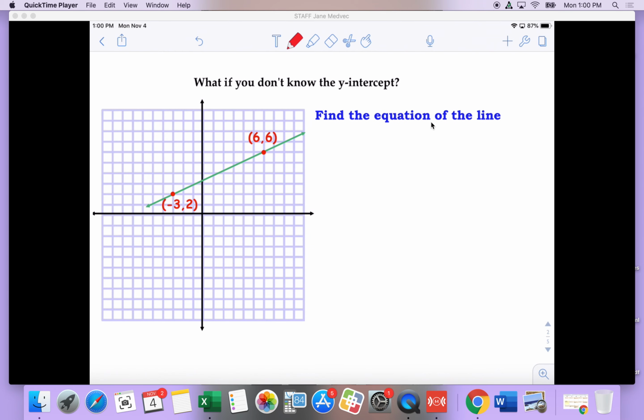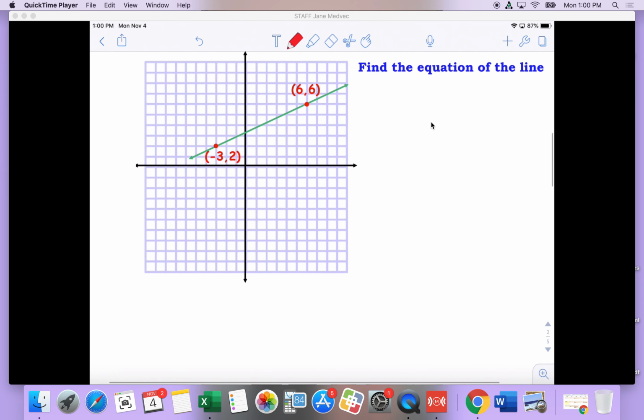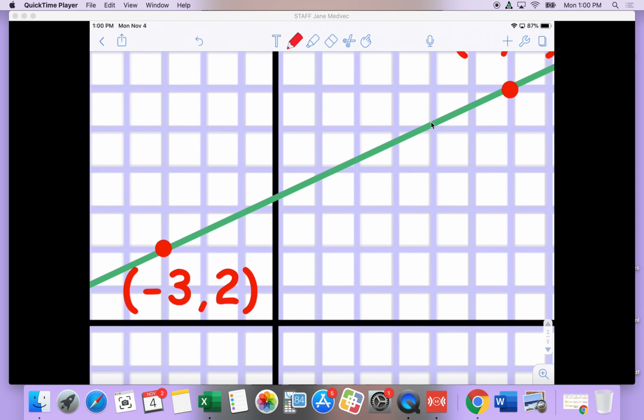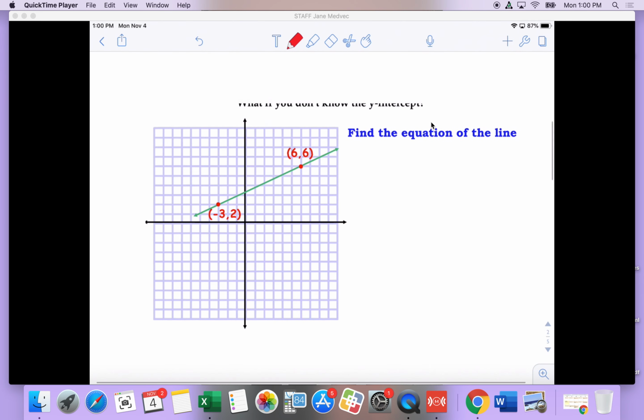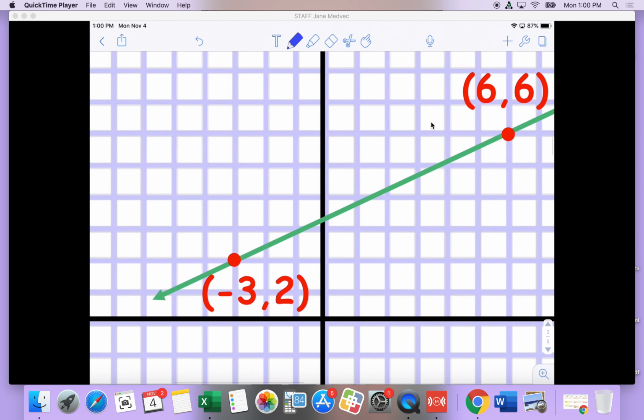What if I don't know the y-intercept? So like on the last problem, the y-intercept was depicted on the line. It was easy to read. But you're going to notice on this one, not so much. In fact, it's in between 3 and 4. So the first thing I'm going to do is I'm going to grab my m. I can take the ordered pair and do my y2 minus y1 over x2 minus x1. Or I could just count it.